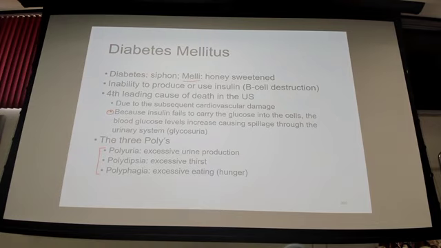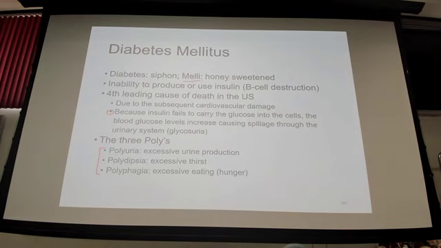That manifests with too much glucose in the urine, which leads to the polyuria because glucose is a fairly large molecule. It's not supposed to be excreted in any significant amount, I should say, in the urine. So the water kind of follows it through an osmotic effect, and that contributes to our polyuria.